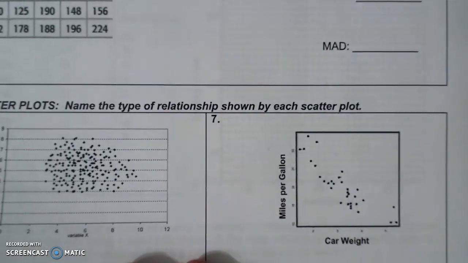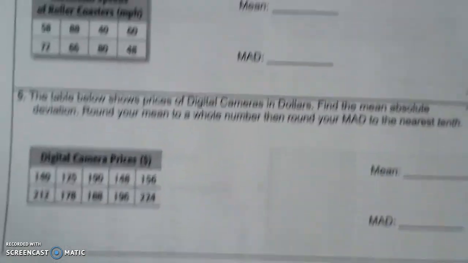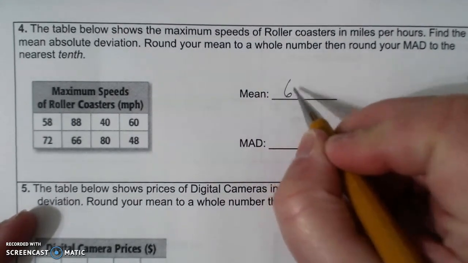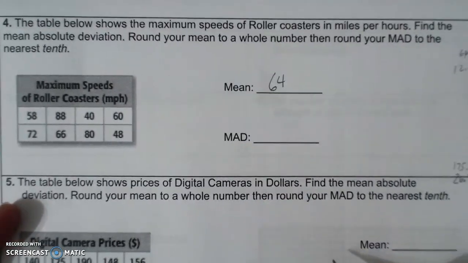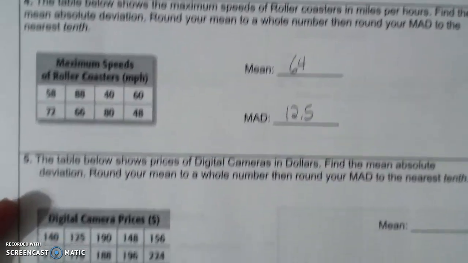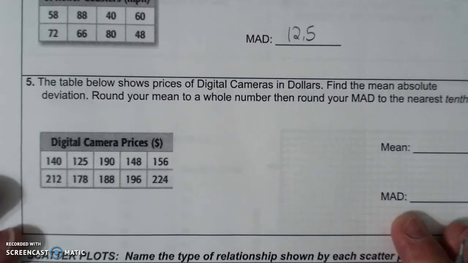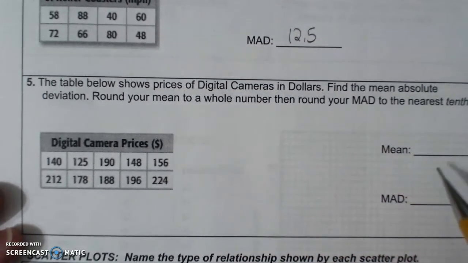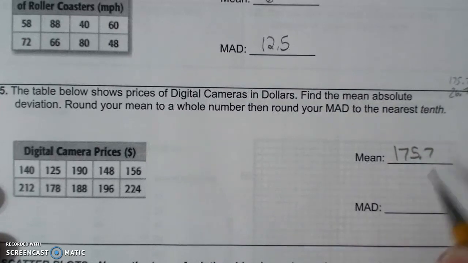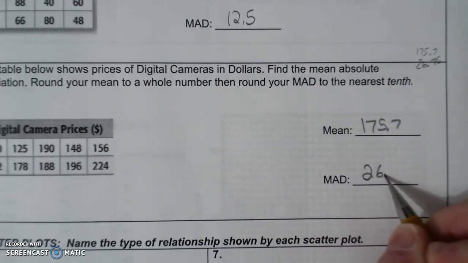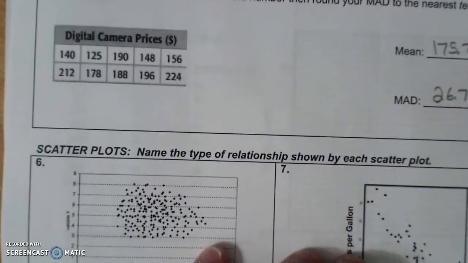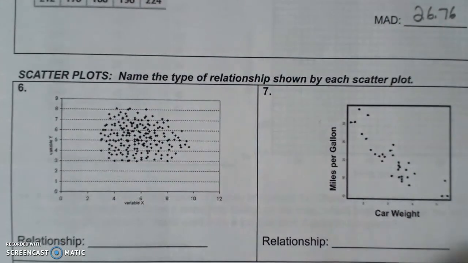Problem 4 is the same thing, and I'm going to tell you that the answer is 64 for the mean, and it is 12.5 for the mean absolute deviation. This says find the mean absolute deviation. The mean is 175.7, and the MAD is 26.76. And then the next video will start on problem number 6.